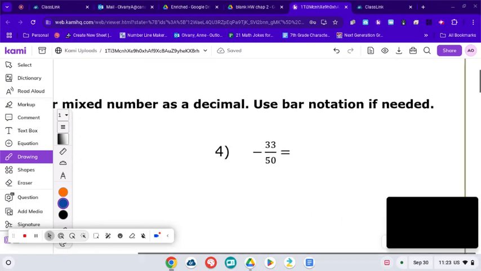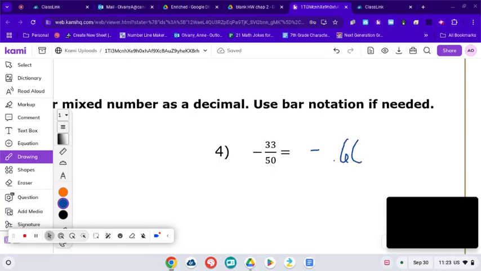You can write 0.5. That's totally fine. Negative 33 fiftieths. Ooh, that's not right. Let's see what I get. I get negative 0.66. That's 66 hundredths.